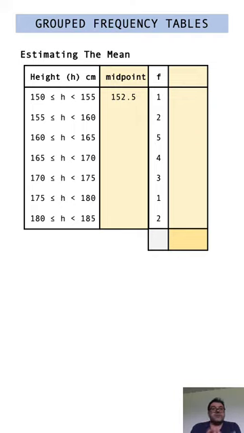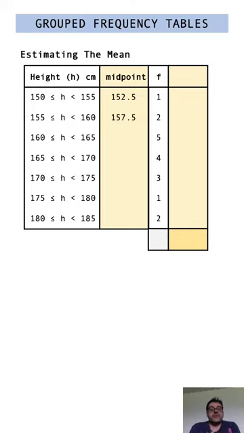The same thing with the following groups. So the next group has 2 people in it, and they are somewhere from 155 to 160. Now they could both be 155, or they could both be 160. But our best guess is to say, okay, on average we will assume that they're both right in the middle, 157.5.